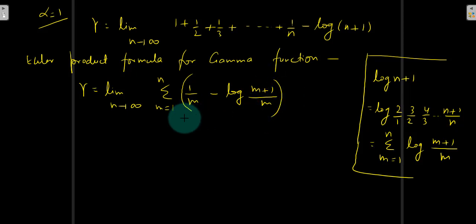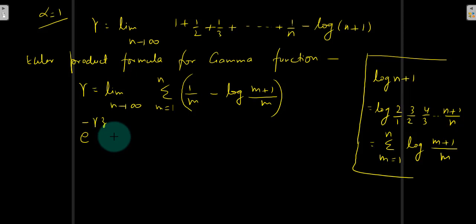Okay, so if we take the exponential e to the power minus gamma z, because this term is there in the Weierstrass definition of gamma function, we have seen this term.